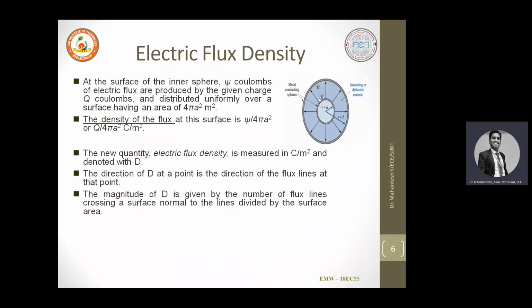The magnitude of D is given by the number of flux lines crossing a surface normal to the lines divided by the surface area.